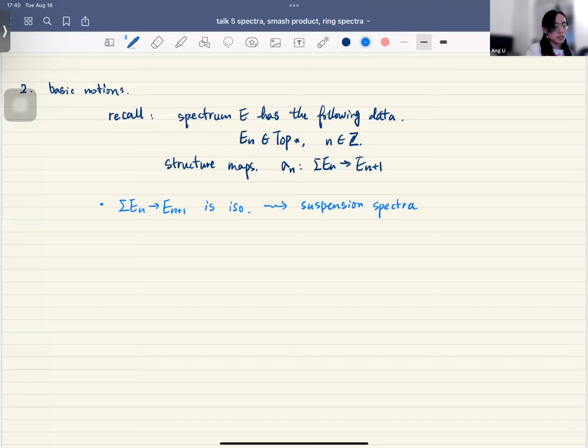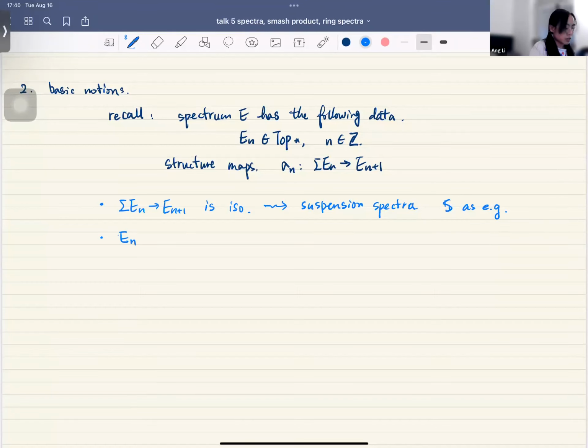And the famous example is our sphere spectrum. And the next one is closer to the CW thing. It's the CW subcategory. I'll put category in quotation marks because we haven't talked about its category structure yet.